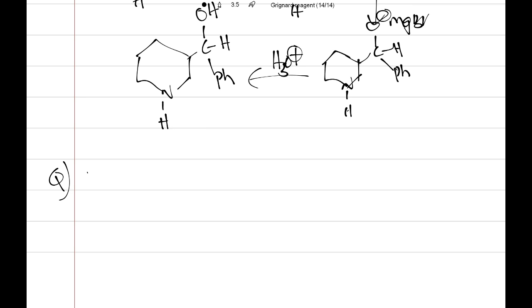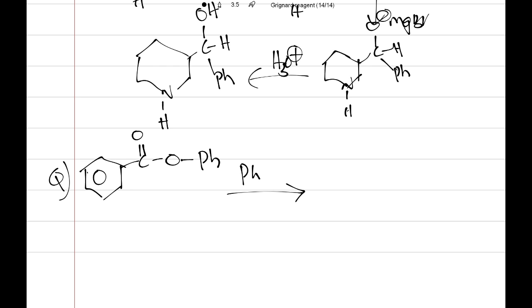When this Grignard reagent is reacting with this compound, look at this one, it has benzene and this is C double bond O, here it is Ph. When this reacts with PhMgBr, what is the product of the reaction?